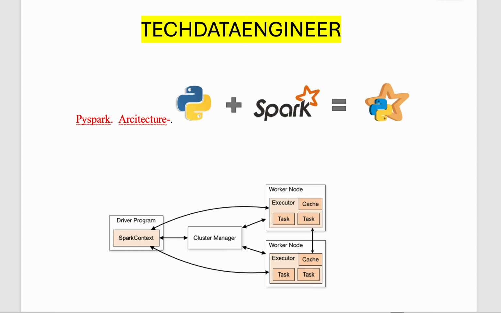We have one driver program, and that interacts with the cluster manager, and this cluster manager interacts with the worker node where we have the executor, the cache, the tasks, everything. The cluster manager manages and allocates the resources. So the driver communicates with worker nodes where tasks are executed by the executor JVM.